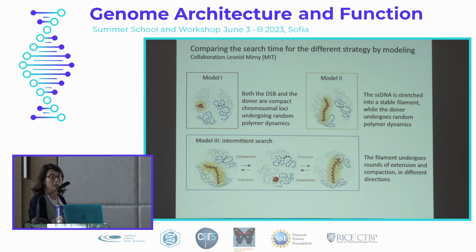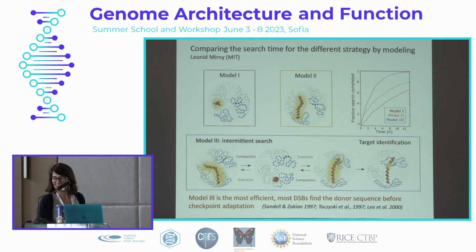Now we see this extended filament, which is clearly exploring a much bigger part of the nucleus. On top of it, we have this extension, retraction, compaction and extension phenomenon that also allows the filament to explore different directions. So the question was how long it will take for the locus to find the donor in these three models. For technical questions, we will ask Leonid.